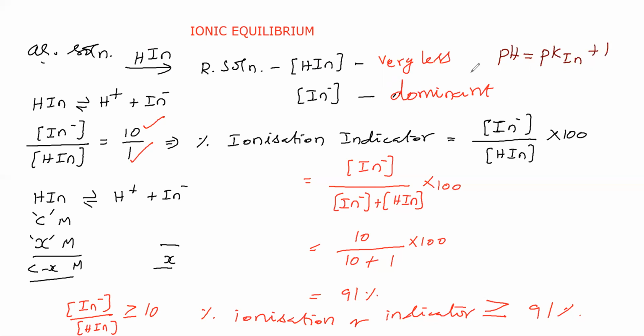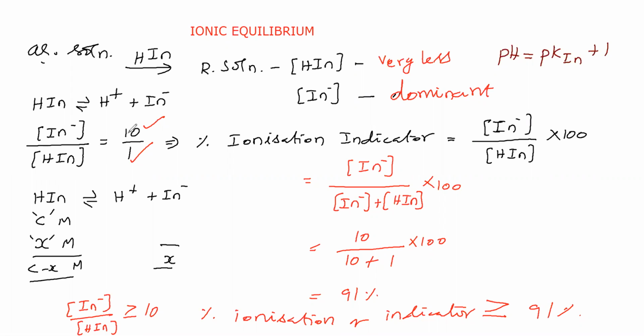Okay, so in this aqueous solution, pH is how much? This aqueous solution pH is equal to this much. If the initially taken aqueous solution has pH equal to pK indicator plus 1, then in the resultant solution, for this equilibrium, the concentration ratio is 10.